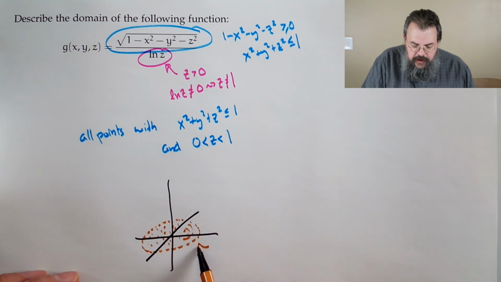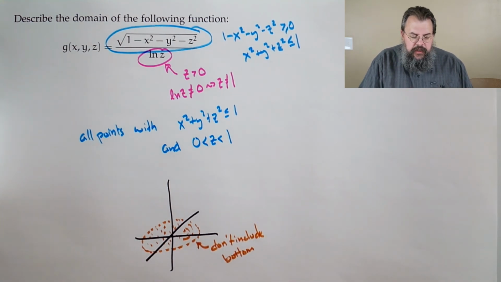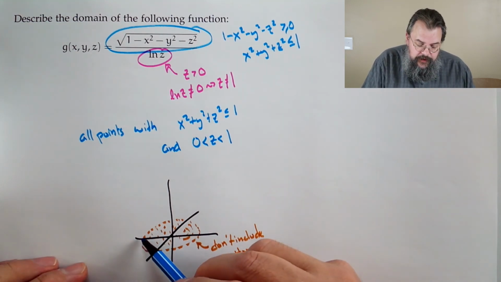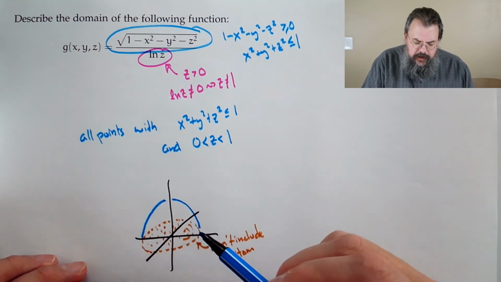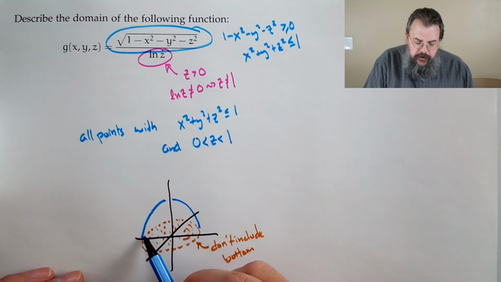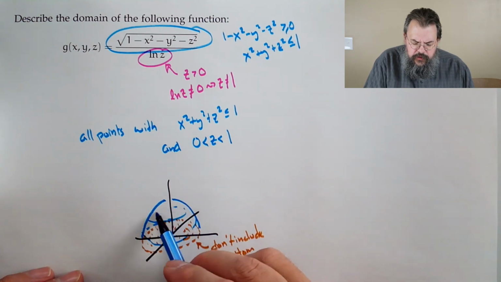Okay. Don't include the bottom. That's our little side note here. But other than that, we do have the sphere coming up. All right, so we'll just make it look somewhat sphere-like as we come along.